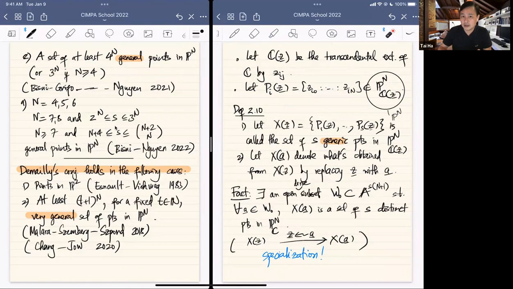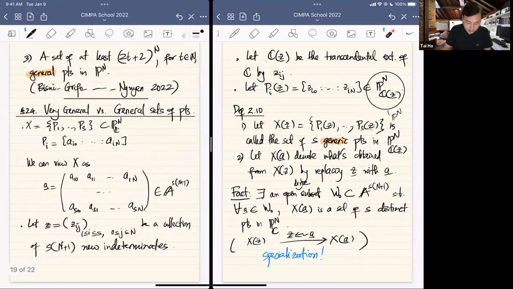For a different collection of values, I have a different set of points downstairs.